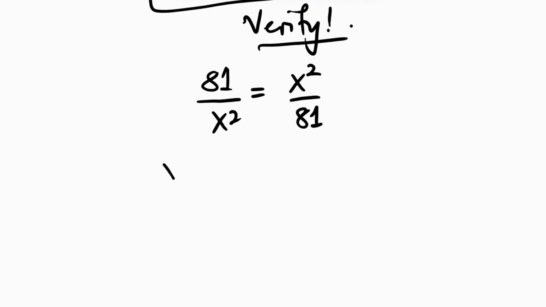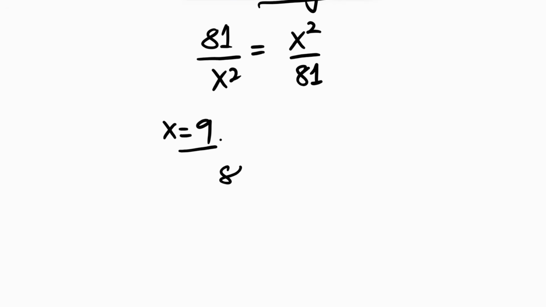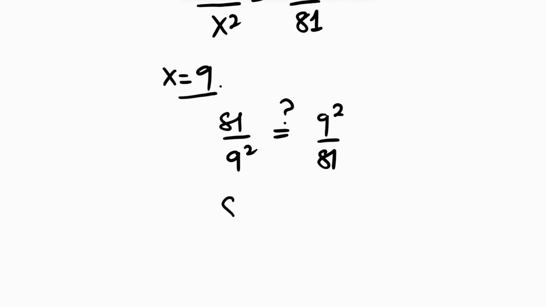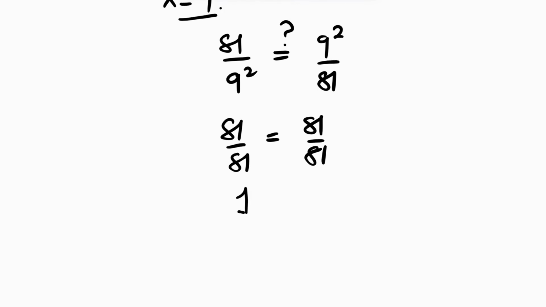So if we take 9, for example, right? So we have 81 over 9 squared, trying to see if it's going to be equal to 9 squared over 81. So this becomes 81 over 81, 81 over 81. At the end of the day, 1 is equal to 1. The left-hand side is equal to right-hand side. If you divide through, you get 1.